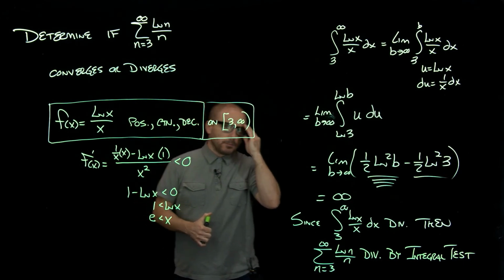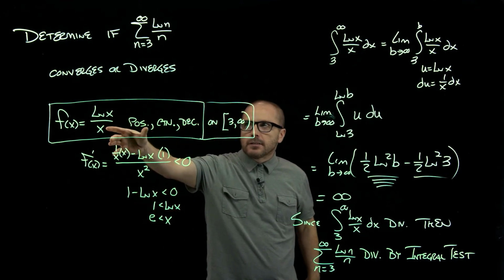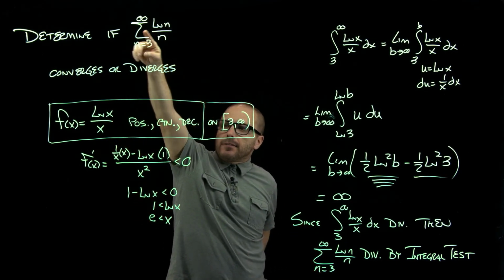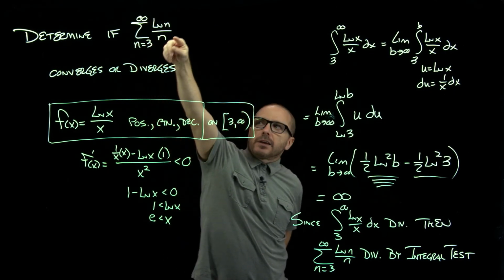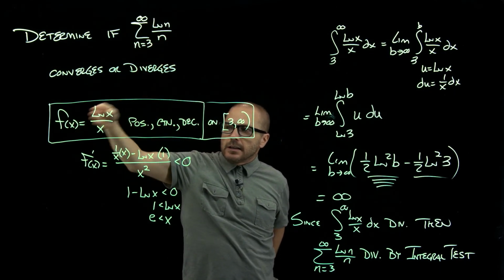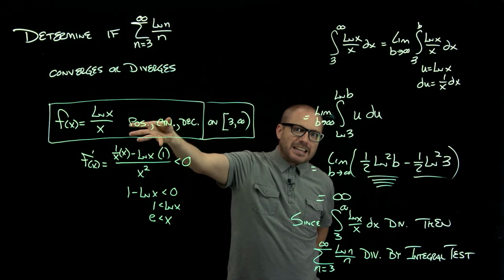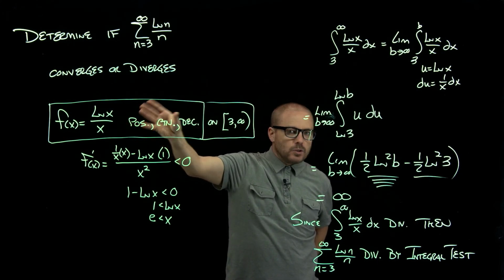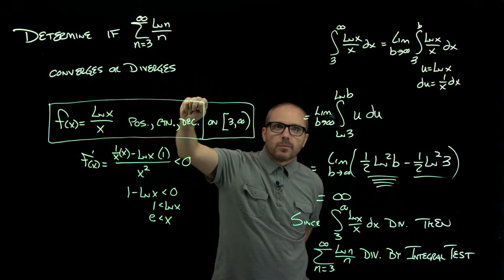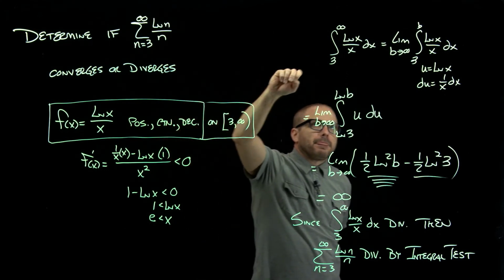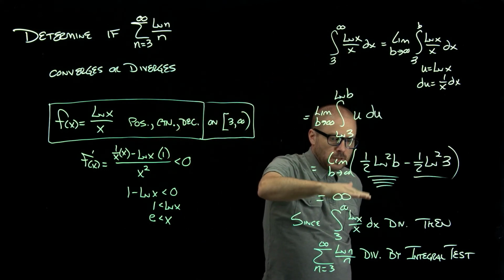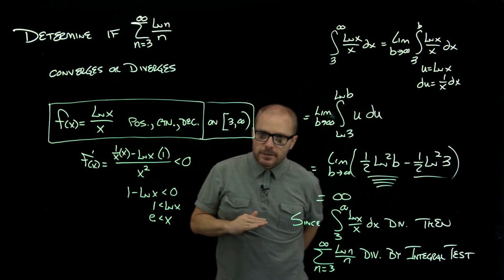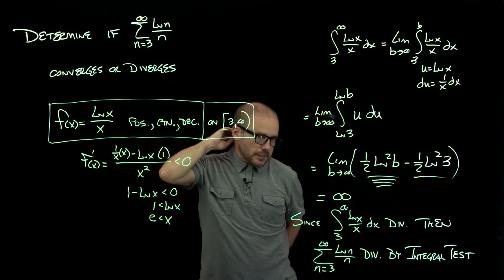All right, so first you look at the corresponding function on the interval that we're summing over, from 3 to infinity. Is it positive, continuous, decreasing? Yes, it is. You just need to state that. Don't need to show me. Take the integral. Whatever the result is, the behavior for the series is the same.